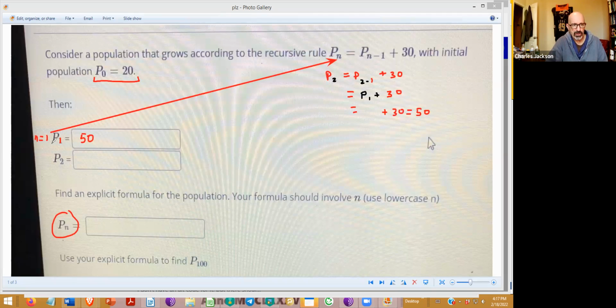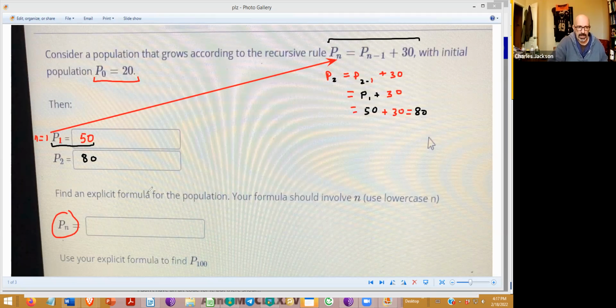P sub 1 we found to be 50. So this is 50 plus 30, that's going to be 80. So basically, this series is just add 30 every time. That's basically what this says, right? The nth term is the previous term plus 30.